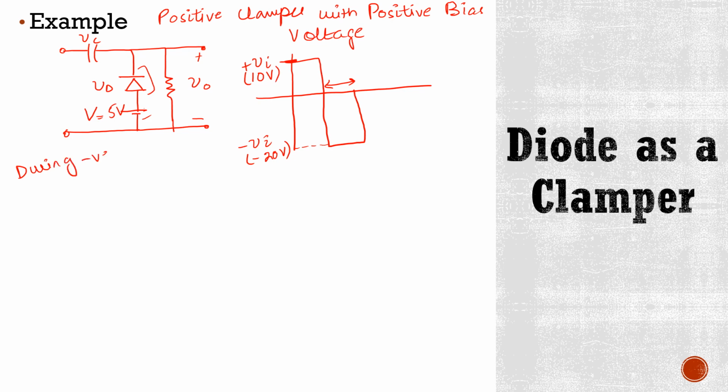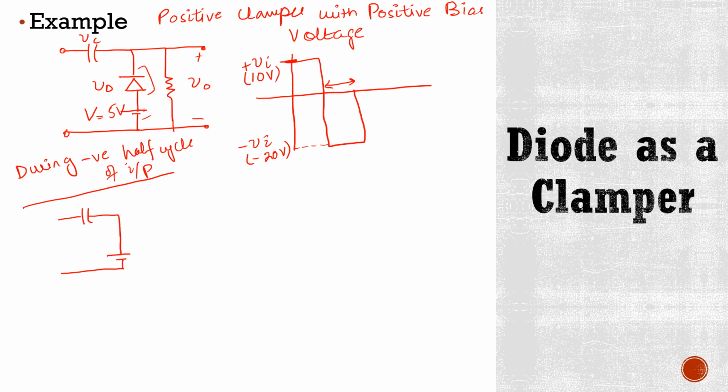During the negative half cycle of input, this circuit will look like this.